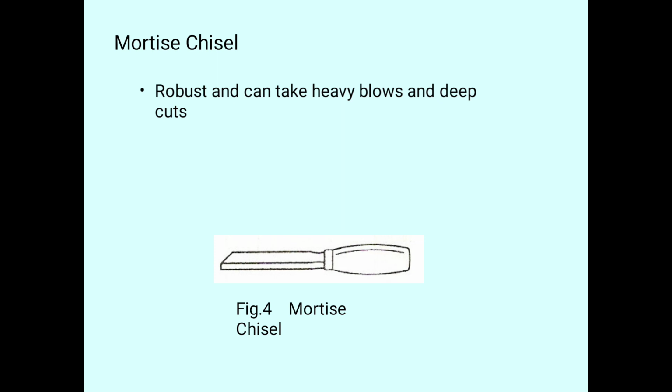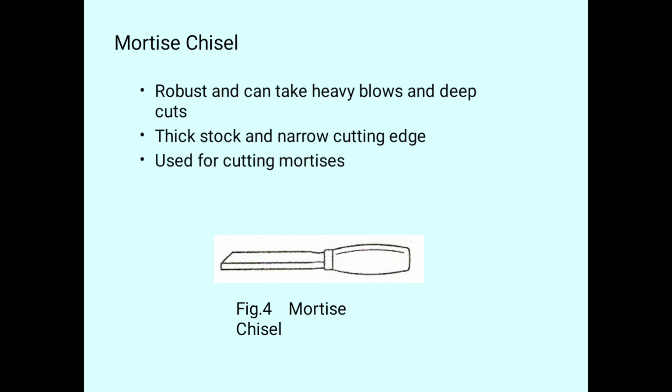So it will be robust. Next, it has thick stock and narrow cutting edges. The mortise chisel is used for cutting mortises. The width of the mortise is the width of the blade.